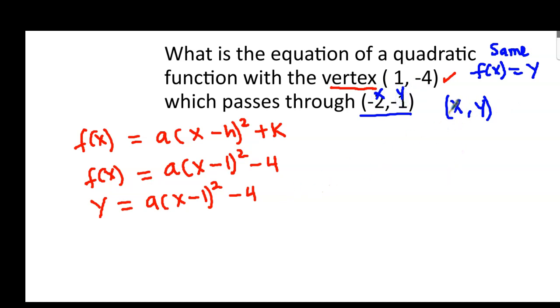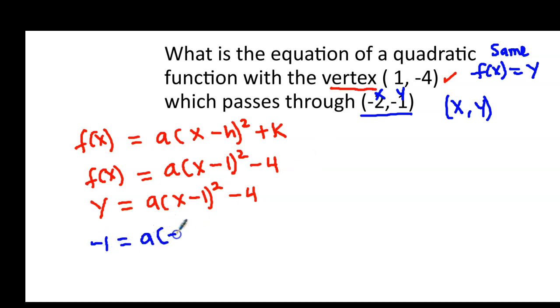So now we are coming back right here. And wherever we see x, we are going to replace it with -2. And wherever we see y, we are going to replace it with -1. And that will help us to find our a. And the a will tell us how the dilation is happening. So here is -1 is equal to a.